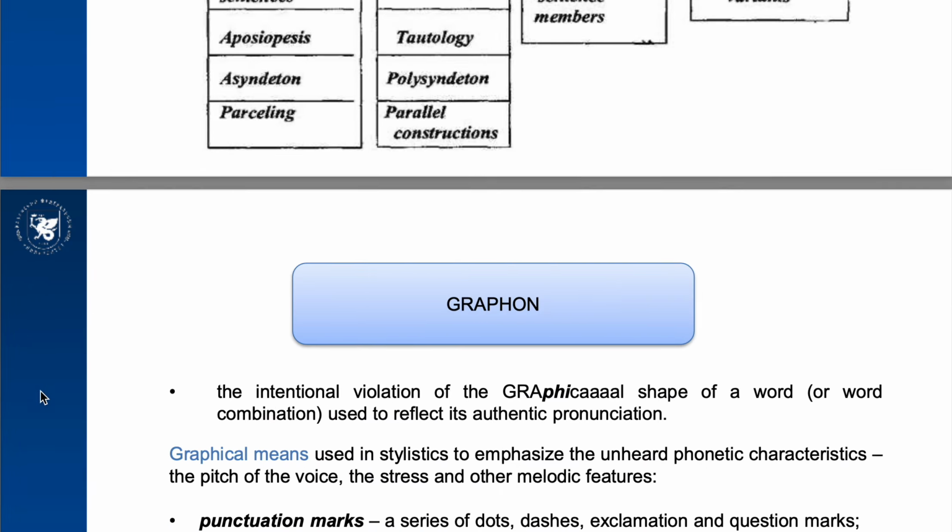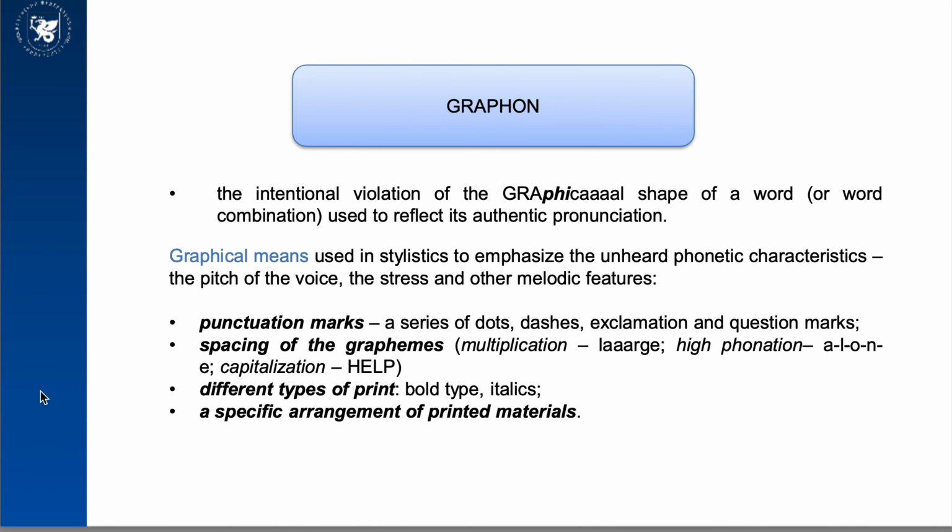Okay, very good. Graphon: the intentional violation of the graphical shape of a word or word combination used to reflect its authentic pronunciation. Have a look, I deliberately write it like that in a strange manner. Graphon means graphical means, used in stylistics to emphasize the unheard phonetic characteristics, the pitch of the voice, the stress, and other melodic features.